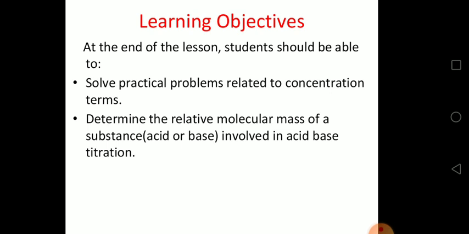So these are the major learning objectives of today's class. Solve practical problems related to concentration terms, and determine the relative molecular mass of a substance, be it the acid or base, that is involved in acid-base titration.